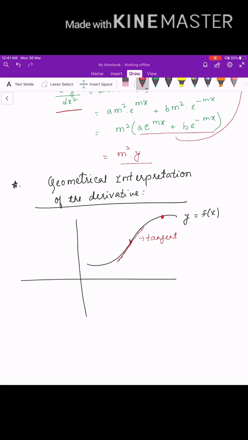What will be the slope of this curve at this point? It is nothing but the slope of the tangent at this particular point. So we see that the slope of this curve varies as the point varies. Here the slope, for example, will be 1. Here it will be somewhere near to 0. So for a single curve, the slope keeps on changing depending on the coordinates given.